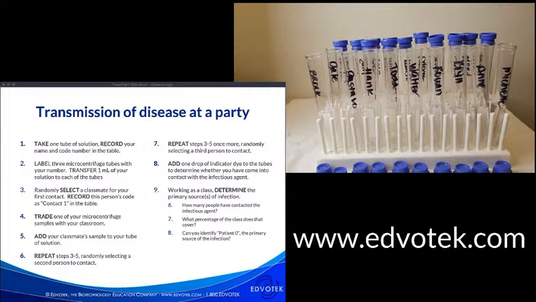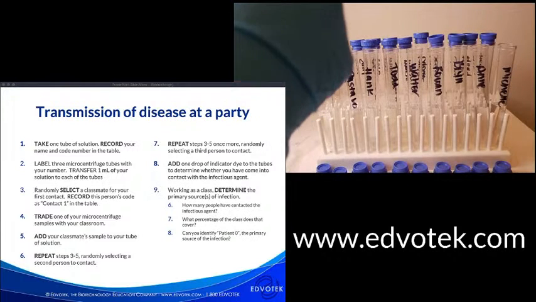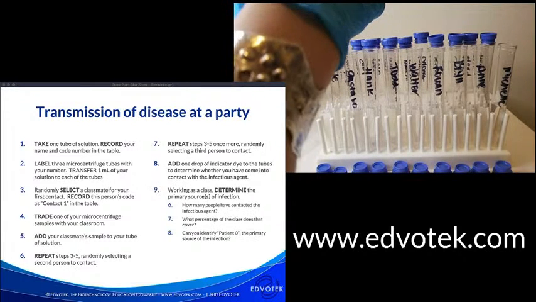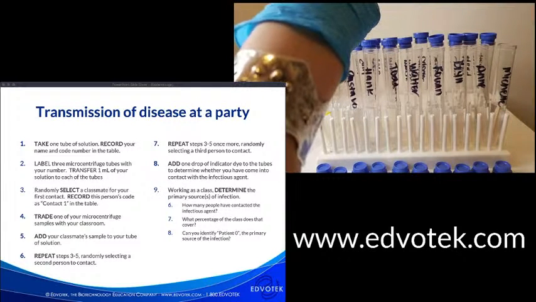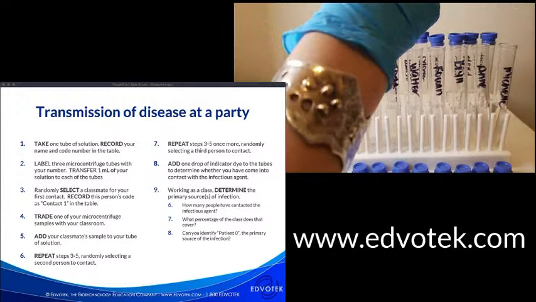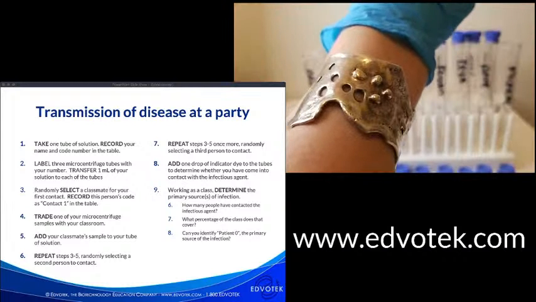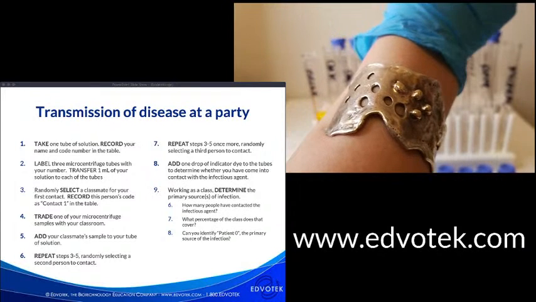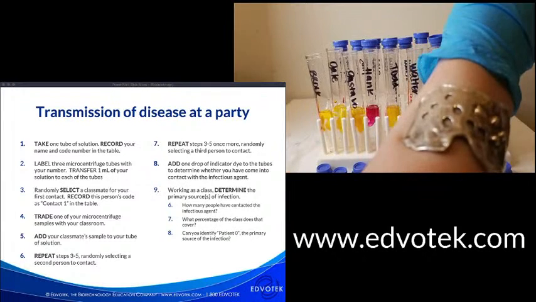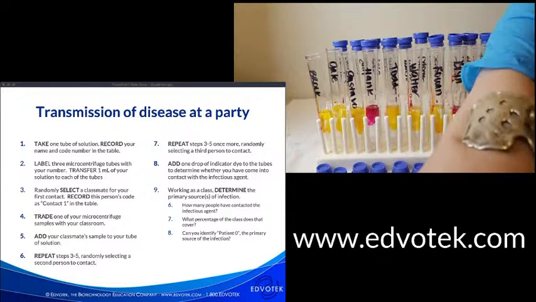And so I'm going to add 1 drop of indicator to all of these. The people who turn pinkish red are going to be the ones that were exposed to the disease. What you can see is I get this rapid color change where you can very clearly see the differences between individuals who have been infected by our simulated infectious agent and the ones who have not.